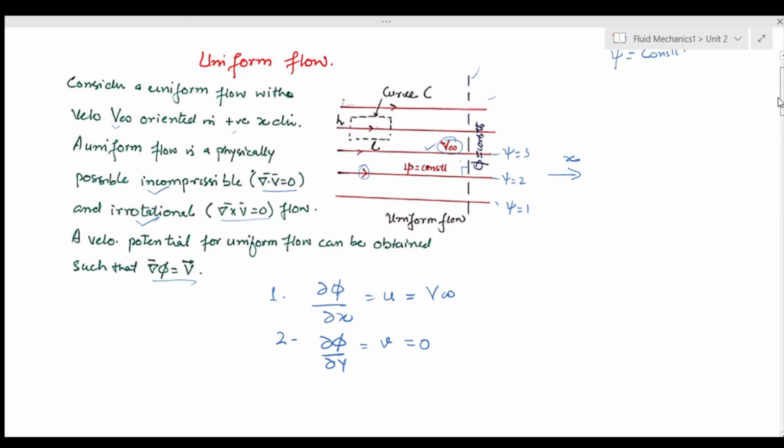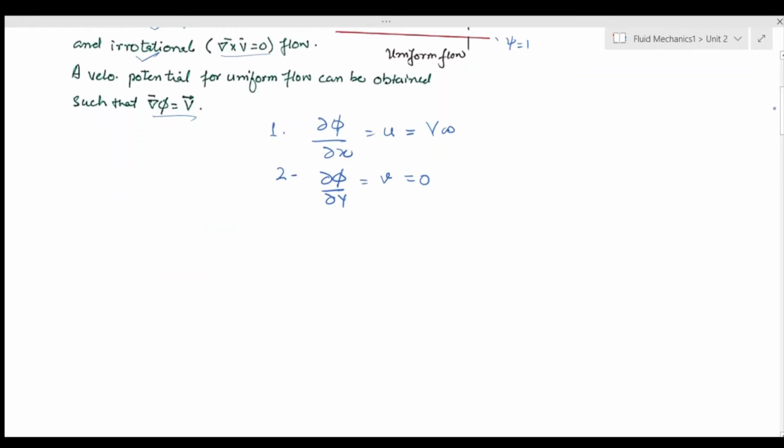Okay, let's move a little bit ahead. If I integrate this equation number 1 with respect to x, we will have phi.